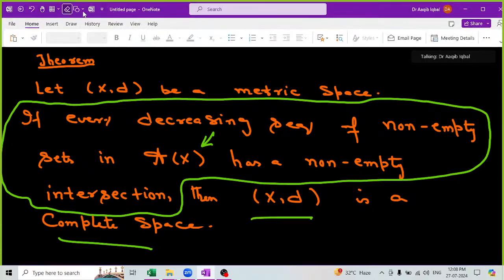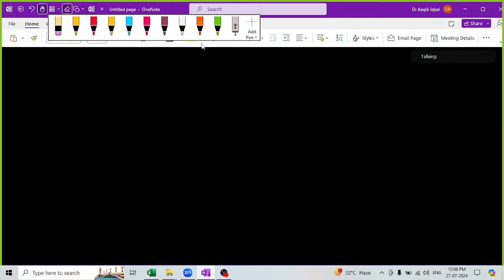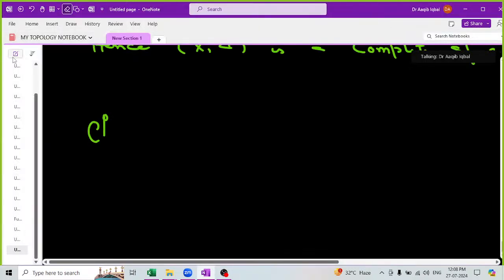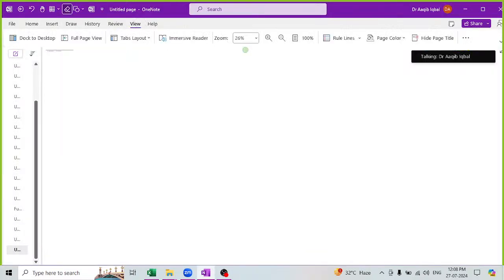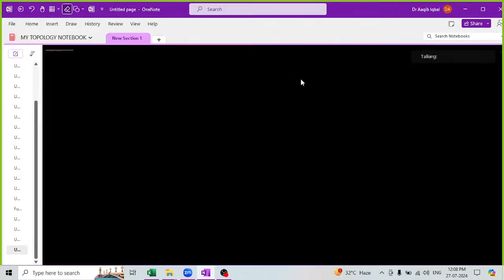मैं ये definition record कर रहा हूँ अब. Compactness of script AX.